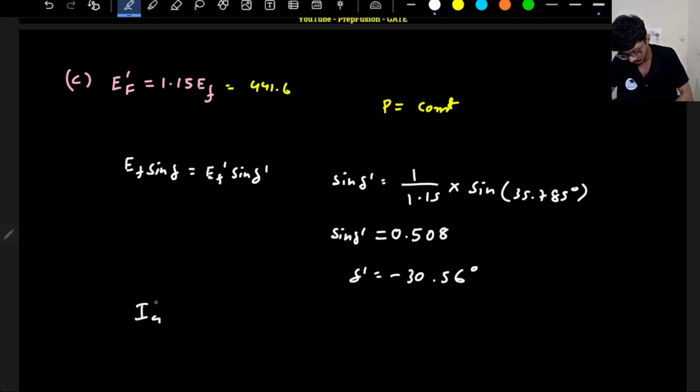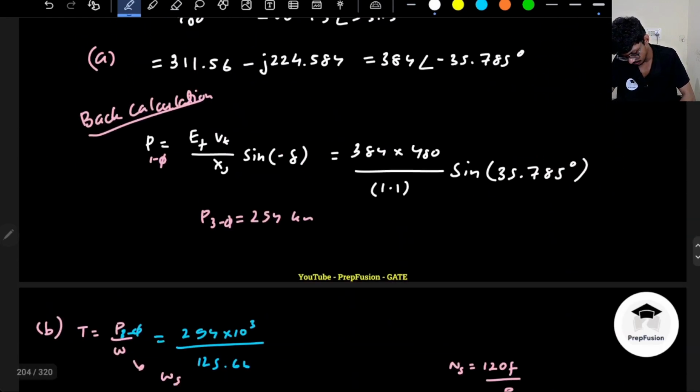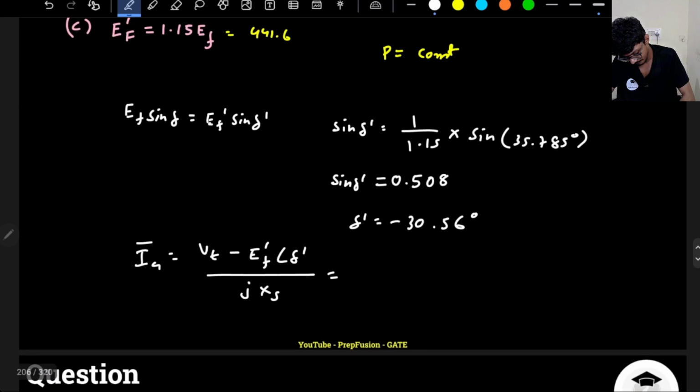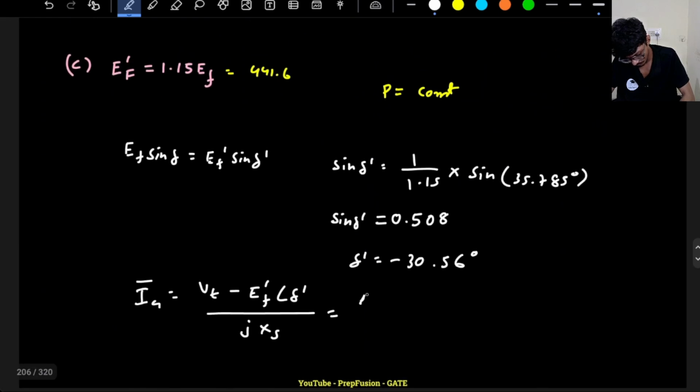So IA vector will be basically VT minus EF dash angle delta dash, divided by jXS. Very simple. VT is 480 angle 0, minus EF dash.